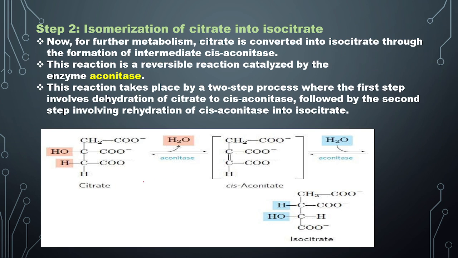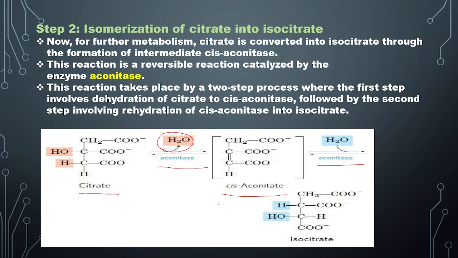First, citric acid is converted into cis-aconitic acid by losing one water molecule by dehydration in the presence of the enzyme aconitase. And in the next step, by rehydration, adding another molecule of water in the presence of the same enzyme aconitase, it forms isocitrate.